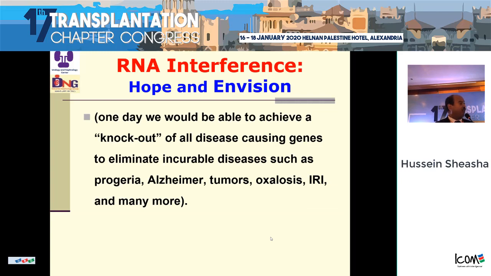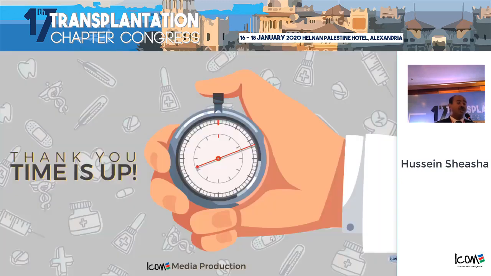So to reach my conclusion, one day we would be able to achieve a knockout of all diseases caused by genetic defects. Maybe this may be a very dream hope for porphyria, Alzheimer's, tumors, oxalosis, ischemia reperfusion injury.